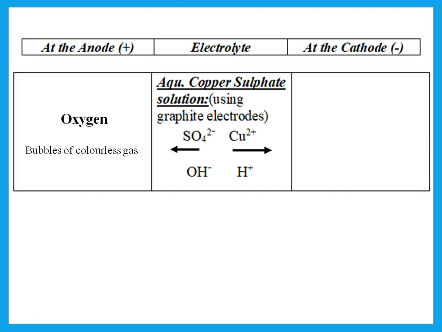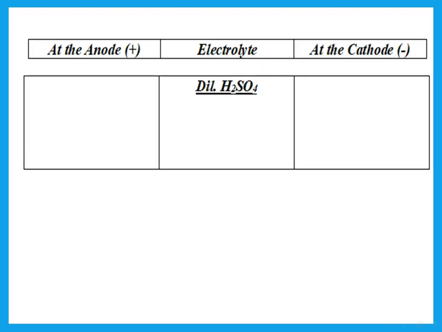Now you should know that copper is less reactive than hydrogen, so it is the copper that will form, and in solution I will be left with H plus and SO4 2 minus, so I'm left with sulfuric acid. So my blue solution of copper sulfate will become colorless because it has changed from copper sulfate to sulfuric acid.